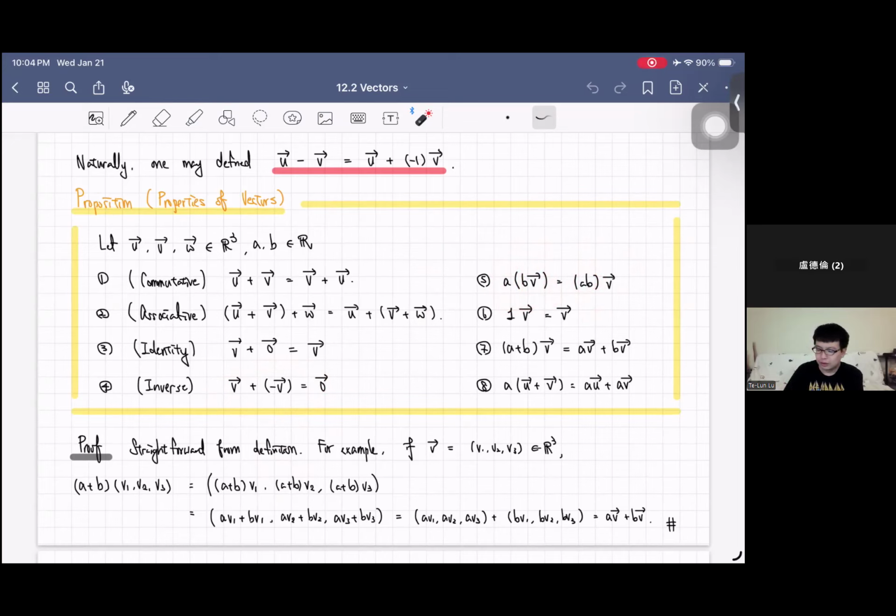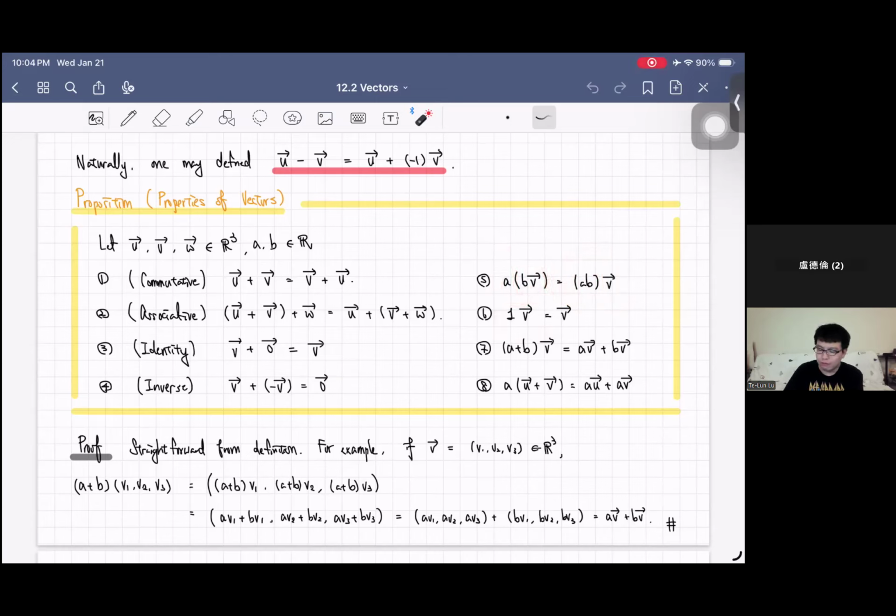This tells you that the scalar multiplication and the number multiplication are compatible. You can first compute the number, and then compute the scalar multiplication, or you can compute the scalar multiplication iteratively.